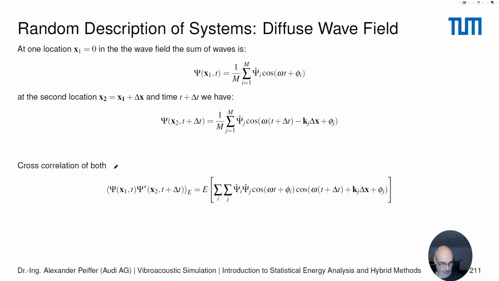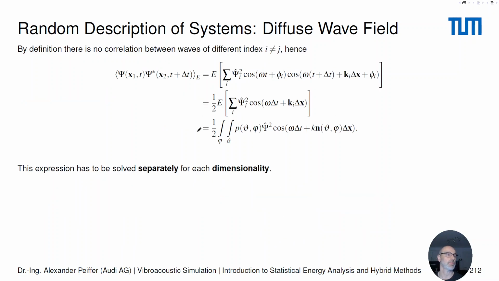So when we formulate the cross correlation of both, the only thing is that we have to use the conjugate version for the second. We get this double sum expression, which can be further simplified. So it's the expected value of this double sum.